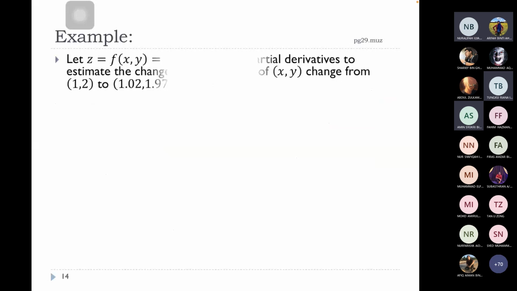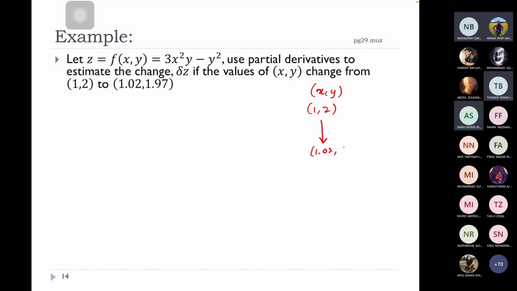So your x and y, dia punya original value is 1, 2. Then dia berubah menjadi 1.02 dan juga 1.97. So we want to find delta z berapa?